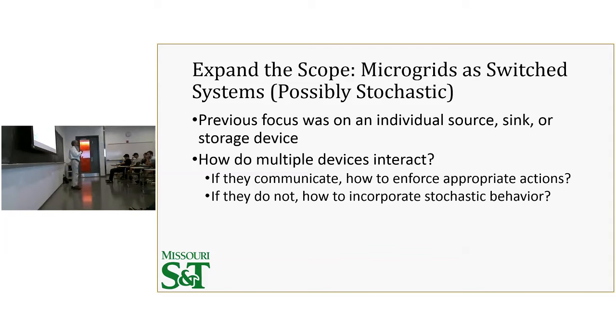One is that the devices are all communicating with each other and acting in some coordinated fashion. And so how do we make sure that they coordinate appropriately? The other is that they're not communicating with each other, and so we have to use some sort of stochastic analysis of them.